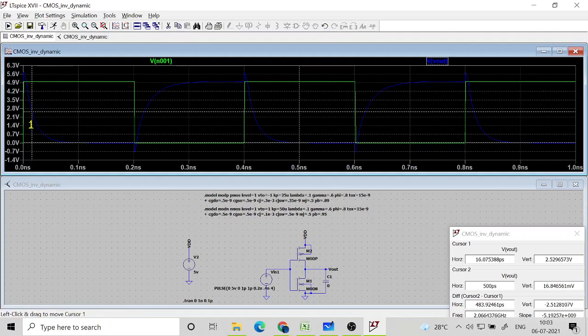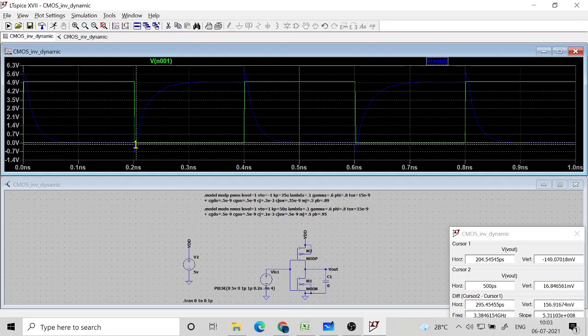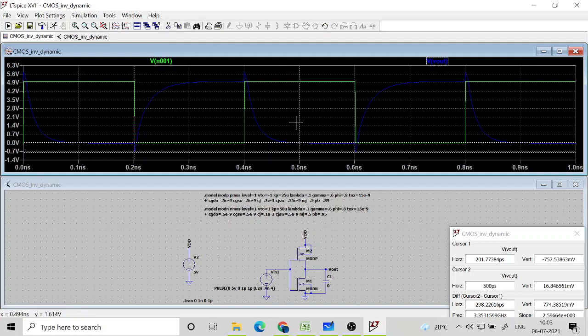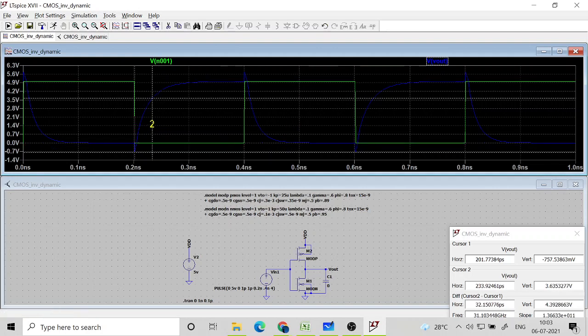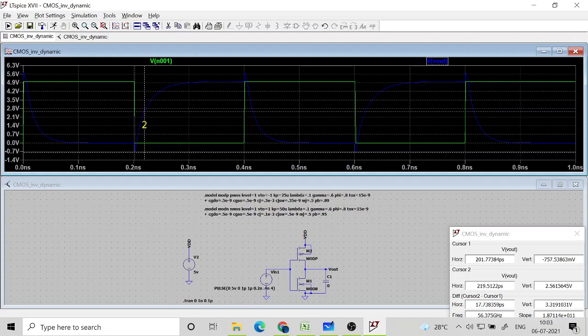Let's see with the rise time. .56. No much improvement.